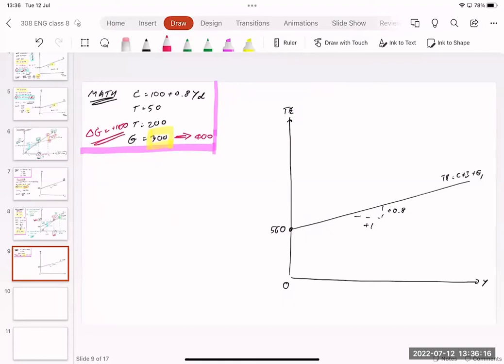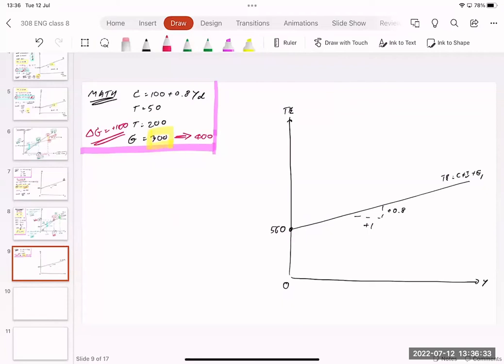Delta in mathematics is about change. So the government is changing their spending by adding 100 more, from 300 to 400. We call it delta G equal to 100, because they're increasing their spending by 100.